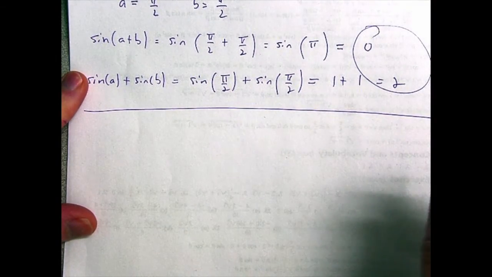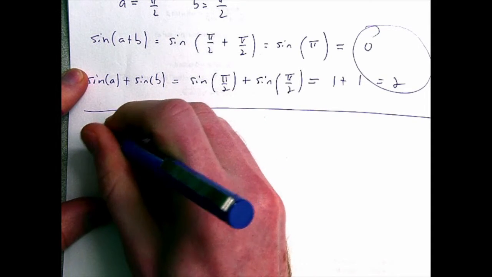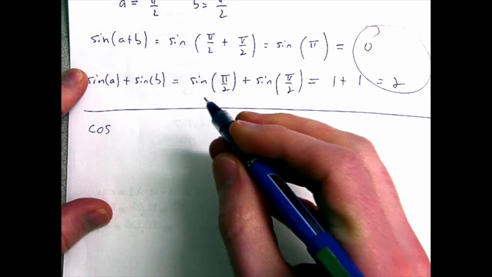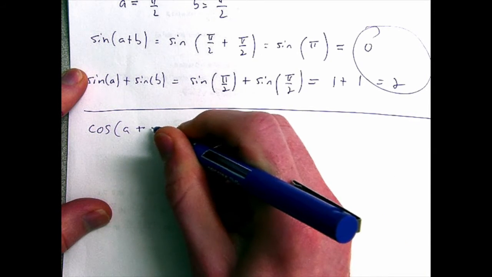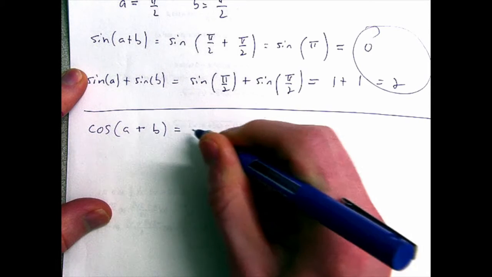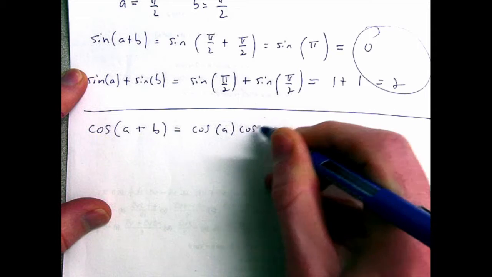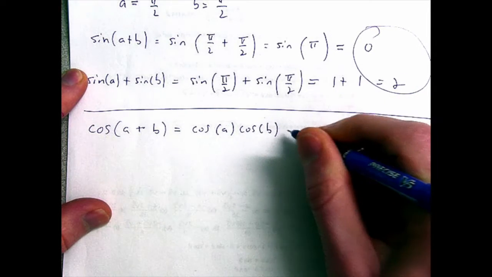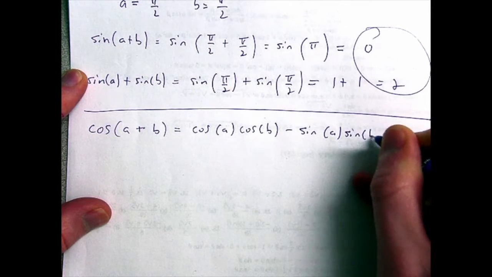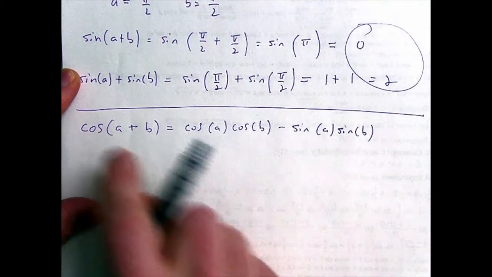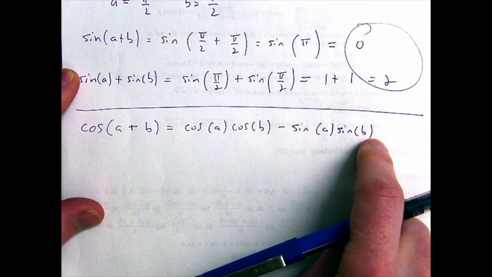So what are they? Here they are. We have the cosine of A plus B is equal to the cosine of A times the cosine of B minus the sine of A times the sine of B. So there is a formula for the cosine of one angle plus another, but it's probably not what you were expecting, right?